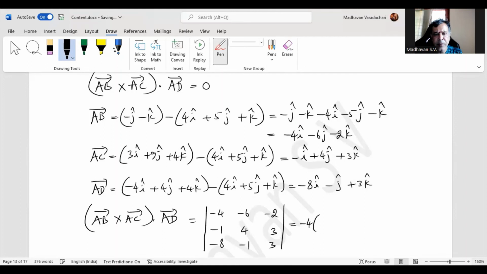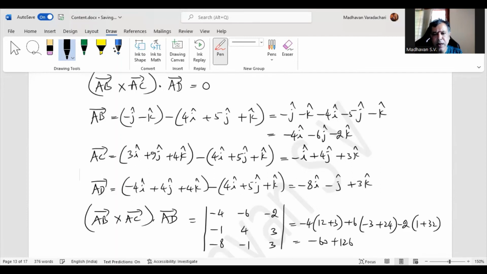Minus 4 times 12 plus 3 plus 6 times minus 3 plus 24 minus 2 times 1 plus 32. So this is 15 into minus 4, which is minus 60. This is 21 into 6.